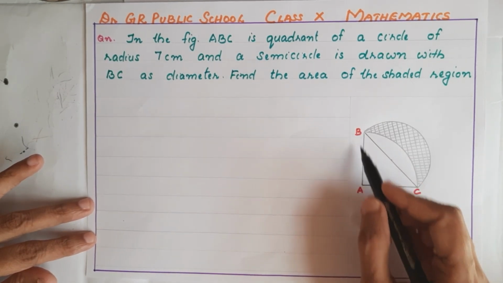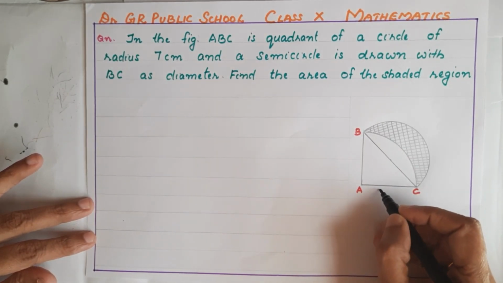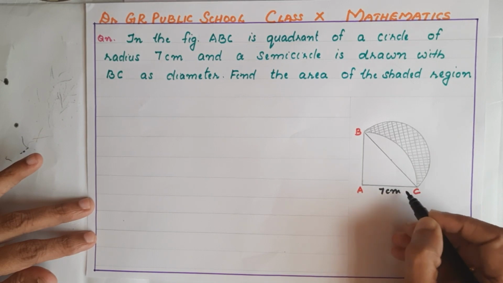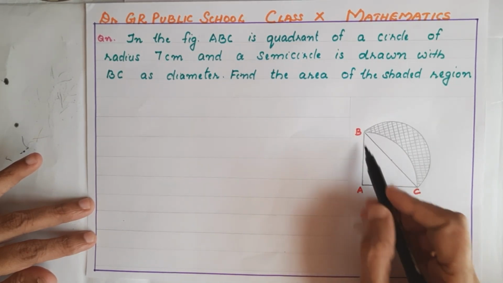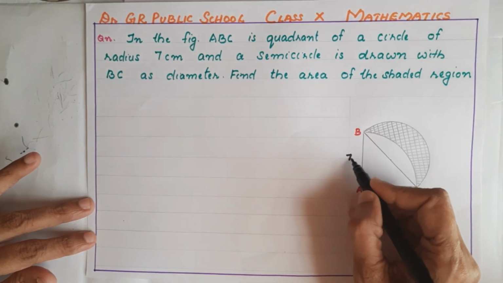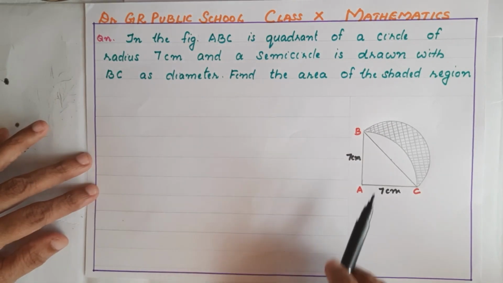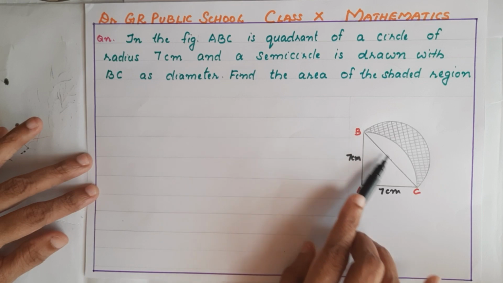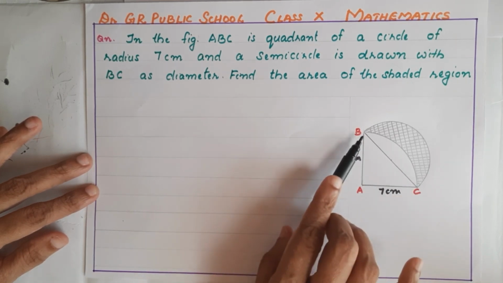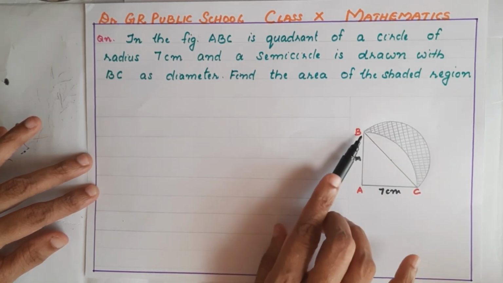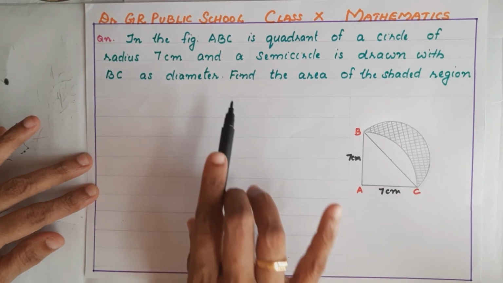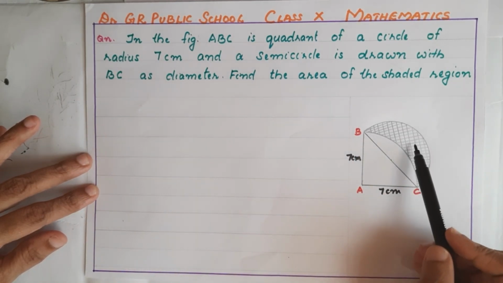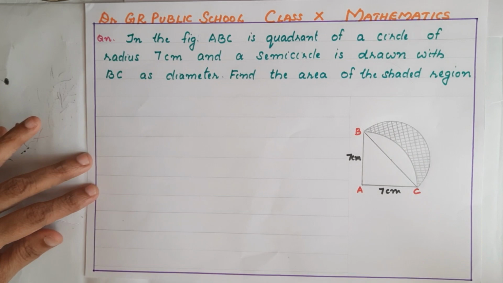So the quadrant radius is given as 7 centimeter. Here also, this is quadrant radius, so 7 centimeter. Now, a semicircle is drawn with BC as diameter. So for this semicircle, BC is the diameter. Then the question is to find the area of this shaded region.